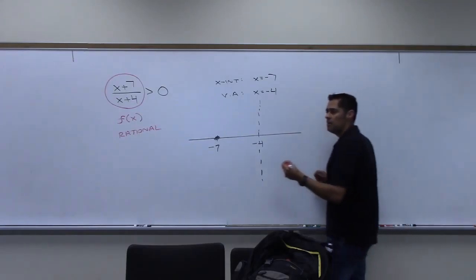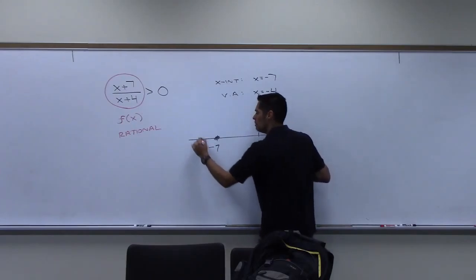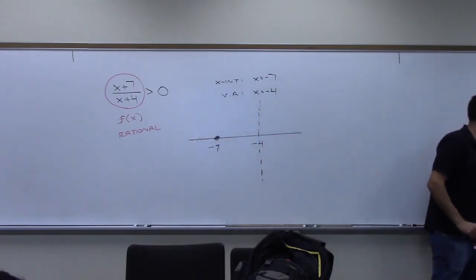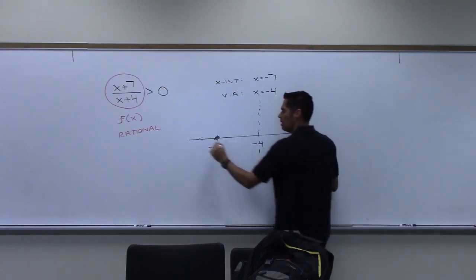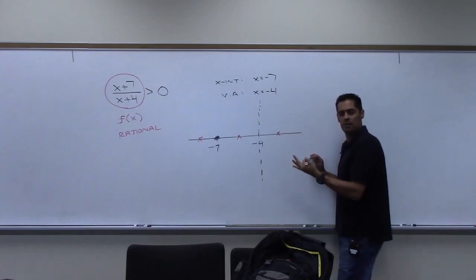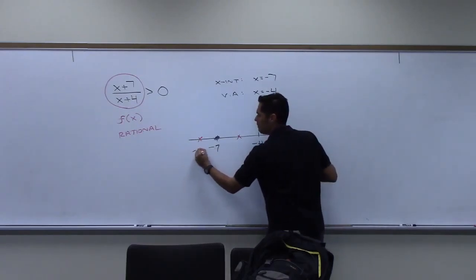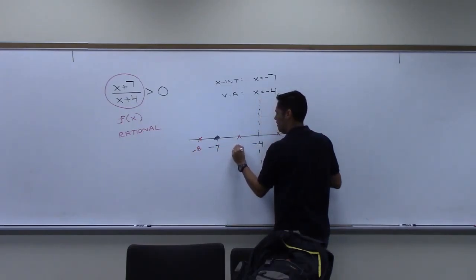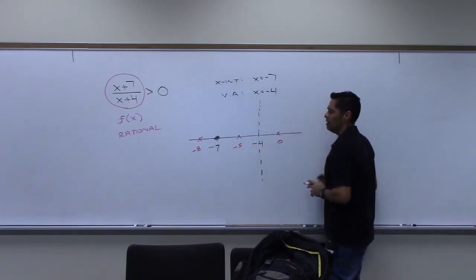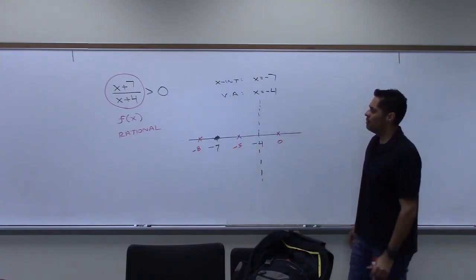Okay, next thing, test points. I keep throwing away these bad markers and they keep coming back out of the trash. X, here, here, and here, right? That's all we need, 3? So -8, -5, and 0. All right, let's plug these in. We plug in -8.